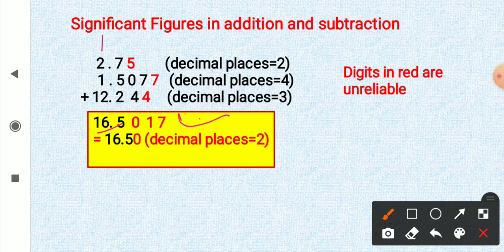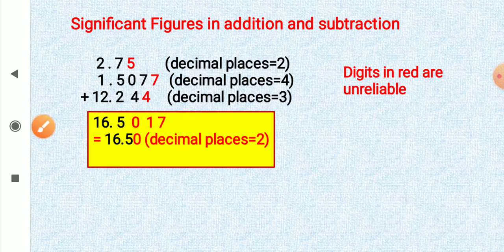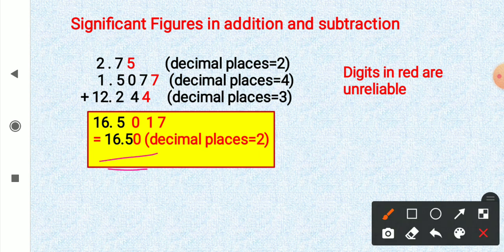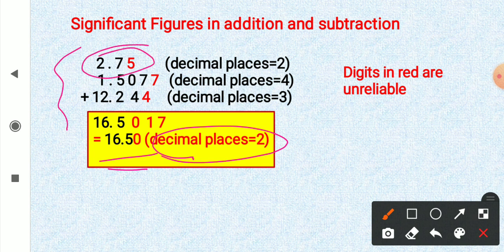16.5017. And now you know that a number is written with all reliable figures plus the first unreliable figure. So 16.5, these are reliable, and the first unreliable is 1. So the result is 16.50, and it has 2 decimal places. And if you look at these numbers, then the number with least decimal places, the first one, has 2, and the result also has 2 only.